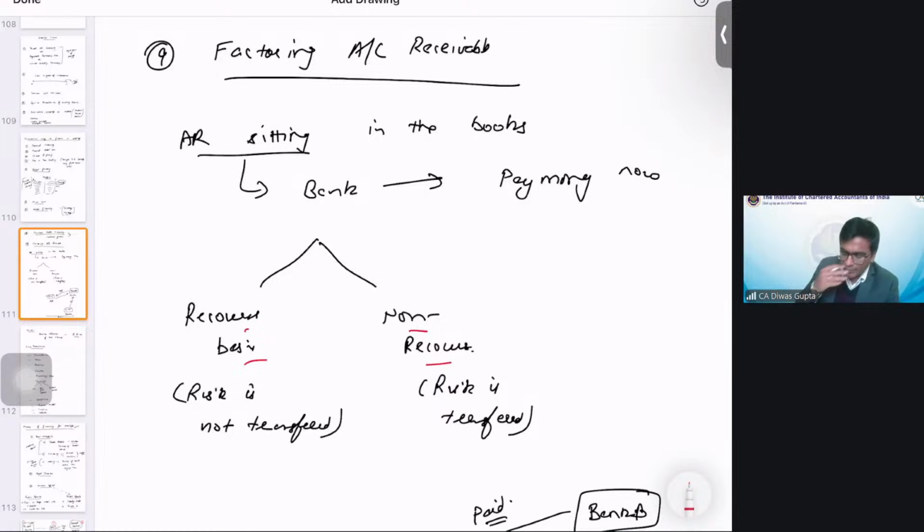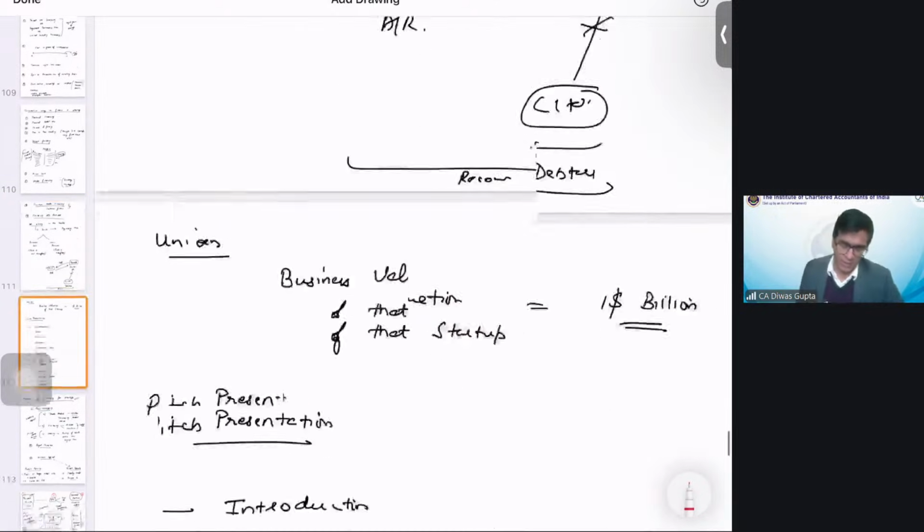Again, the concept remains the same. Non-recourse basis, risk is transferred. Tomorrow, if the amount is not paid, there is no recourse back to the company who has sold those AR. Recourse basis is where the risk is not transferred. That means if tomorrow the payment is not realized, the person can claim it back from the company from whom the receivables were purchased. Okay.